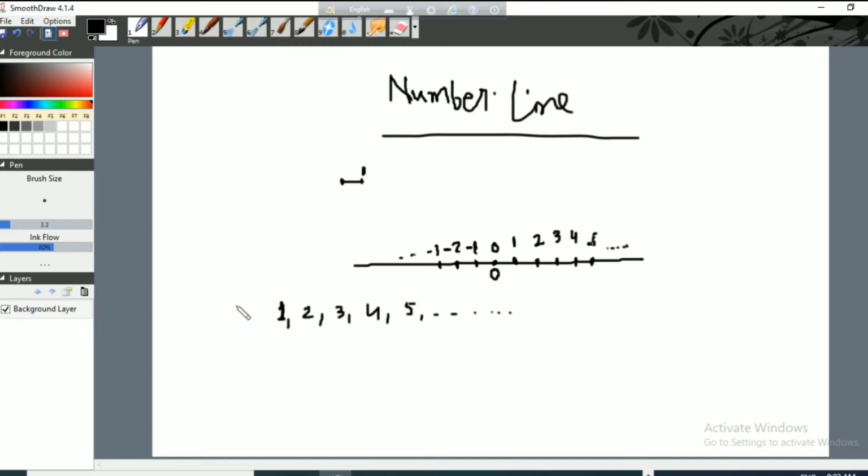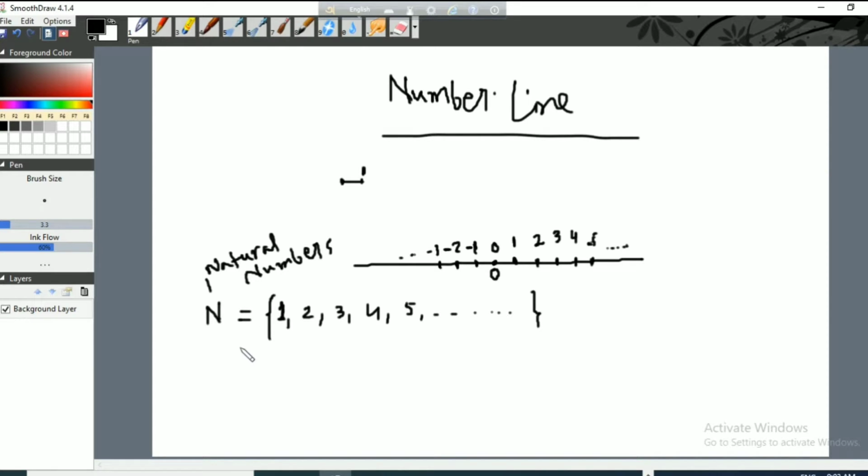If we take this set of whole numbers, that means the collection of all these numbers together, they are called natural numbers, and they are represented by N.